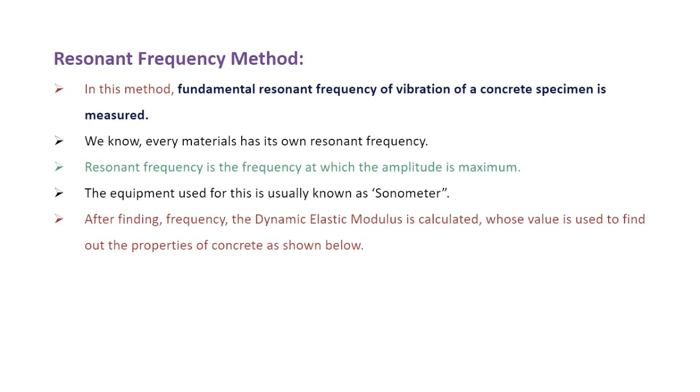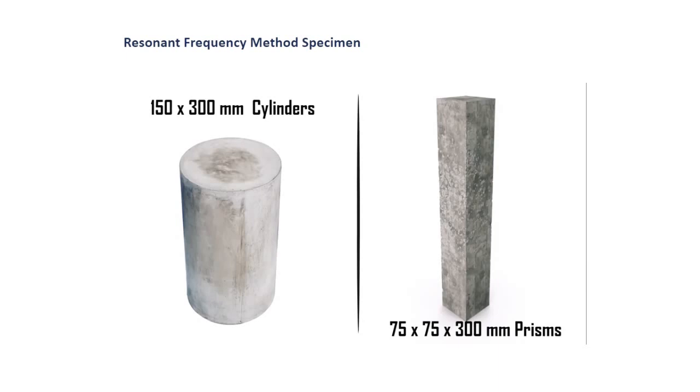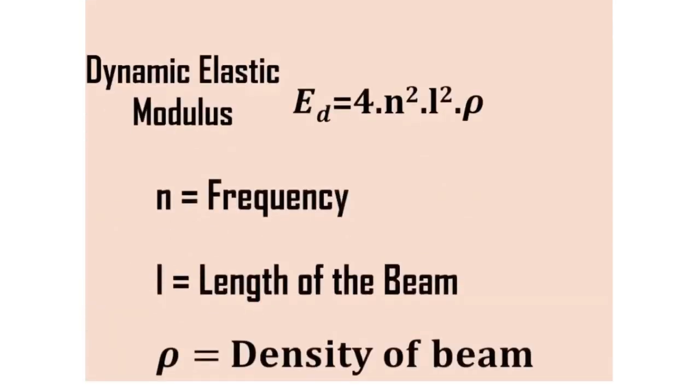Now, by using this dynamic elastic modulus E, which you are seeing here, we are able to calculate the compressive strength of the concrete. These are the dimensions of the specimen in case of a square cross section or circular cross section, and this formula will help us find the dynamic elastic modulus from the frequency. N is the frequency, L is the specimen length or beam length, and rho is the density of the beam.